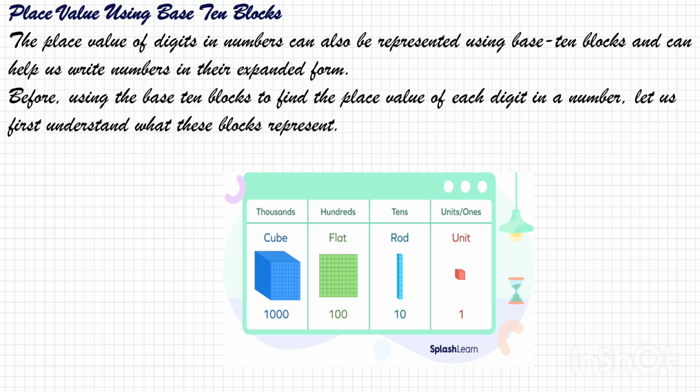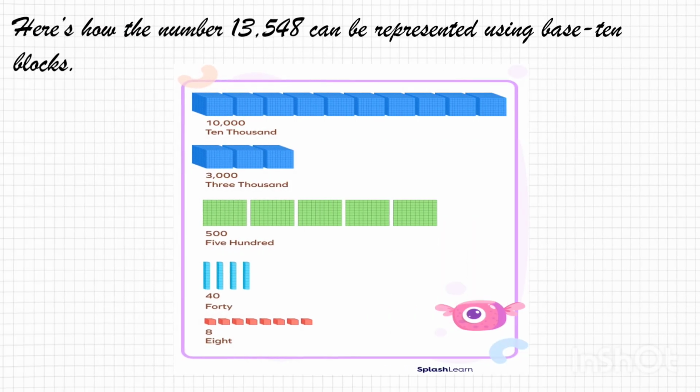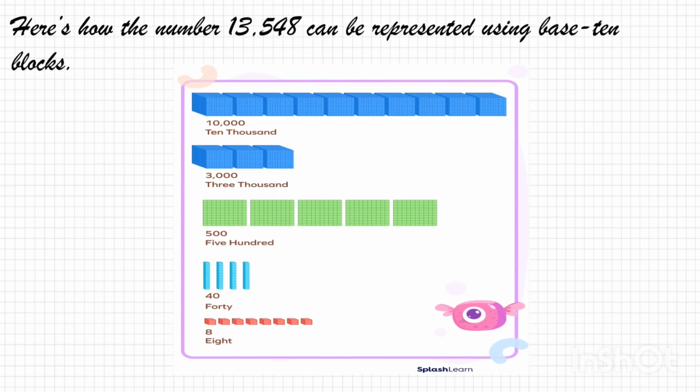Thousands is a cube. Hundreds is a flat, a square. Tens is a rod. Units or ones is a small cube. Here's how the number 13,548 can be represented using base 10 blocks.